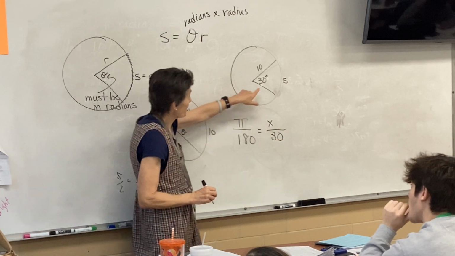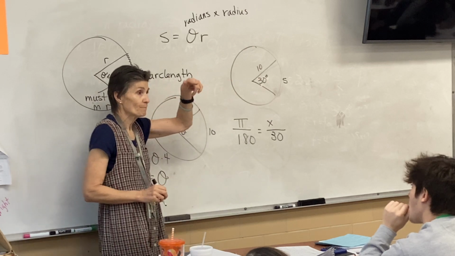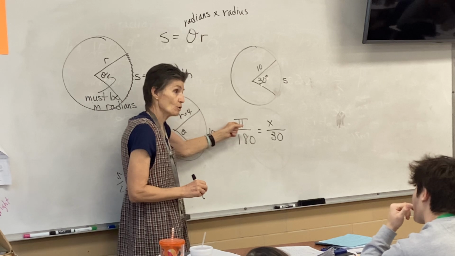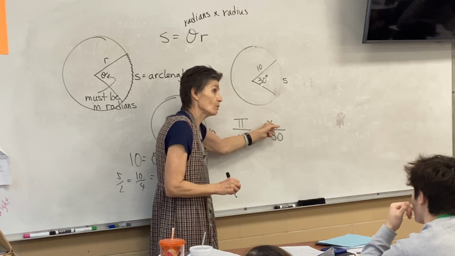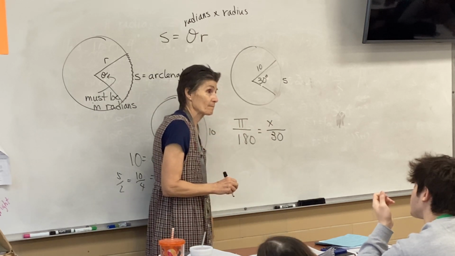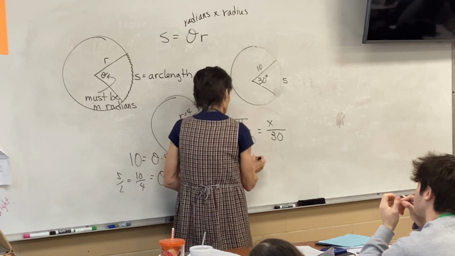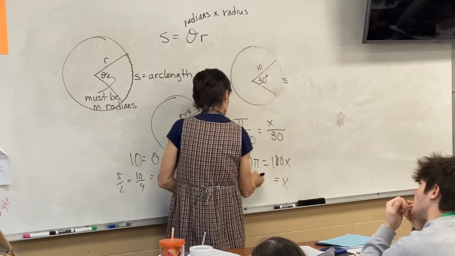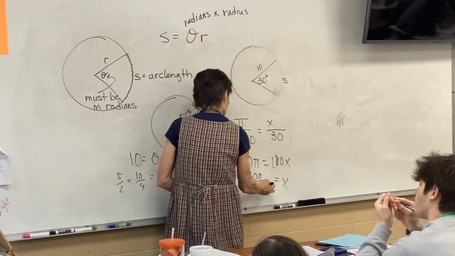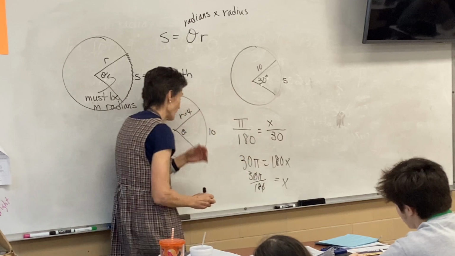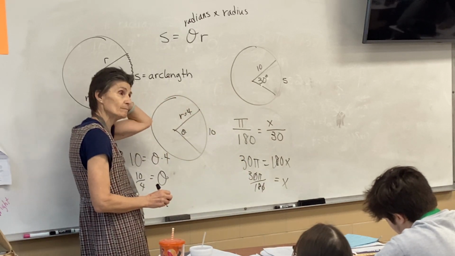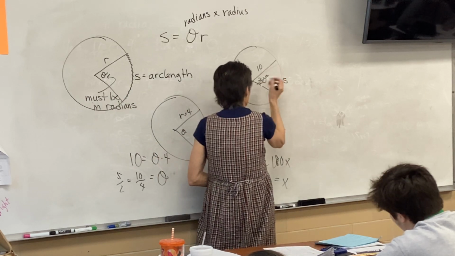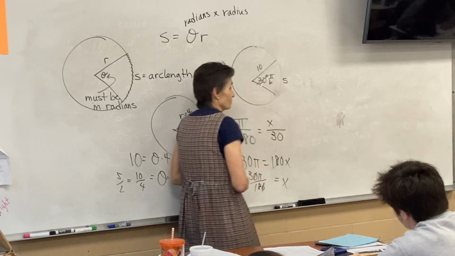Because we are changing 30 into a radian. 180 goes with pi. We're figuring out what goes with 30. So 30 pi equals 180x. Okay, the zeros cancel. What's 3 over 18? Pi over 6. So this angle is pi over 6.